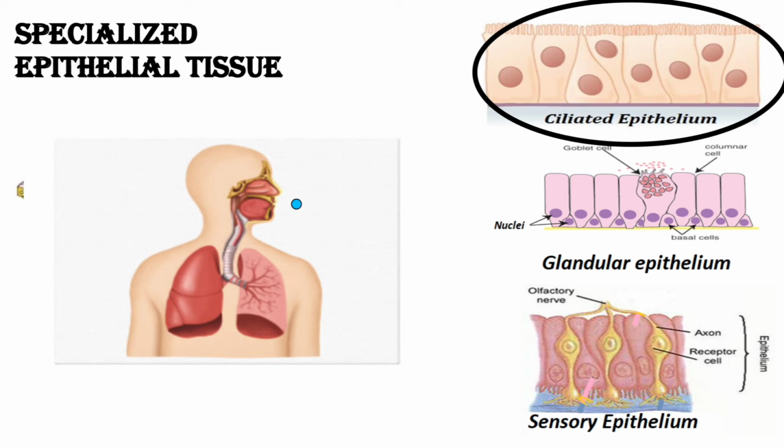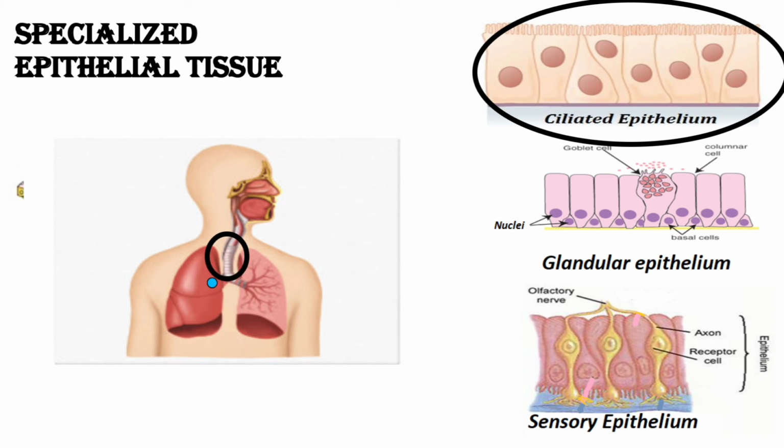the substances. So when we inhale the air, what happens? Along with the air, dust particles may also enter our respiratory tract. So these cilia do to and fro movements and do not allow the dust to enter. These ciliated epithelium are present in your trachea.